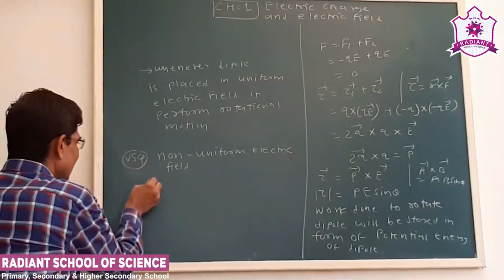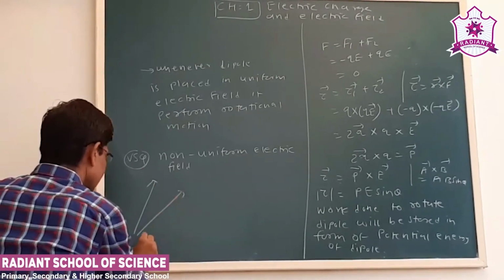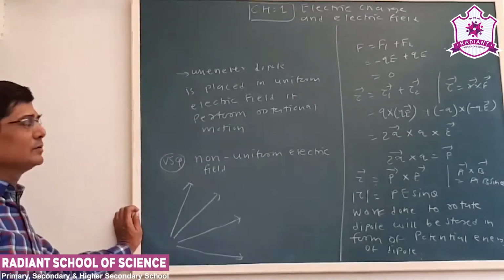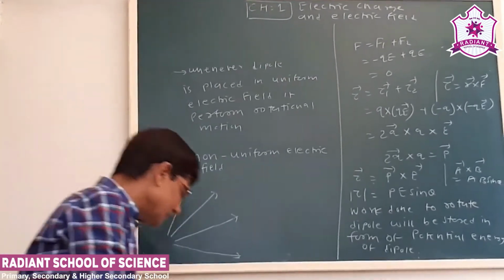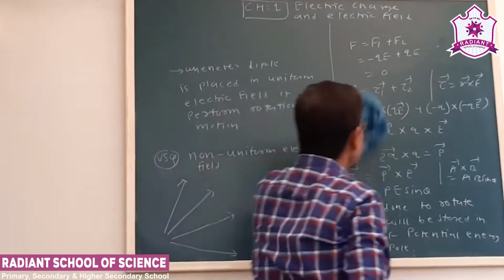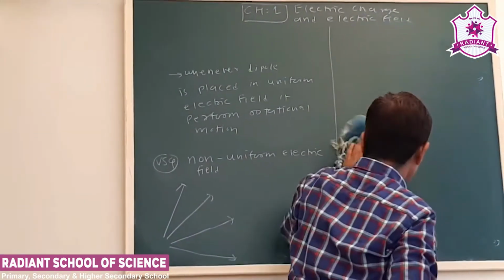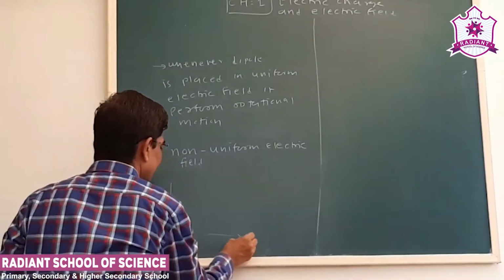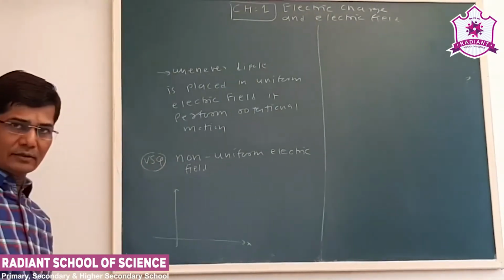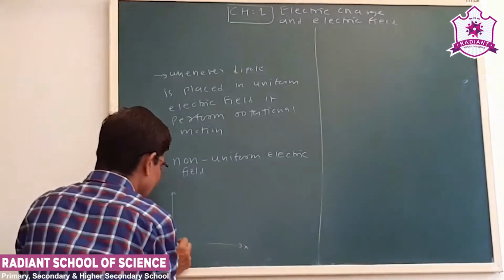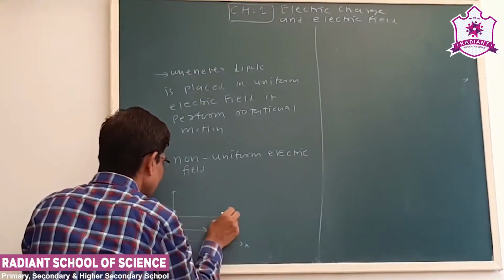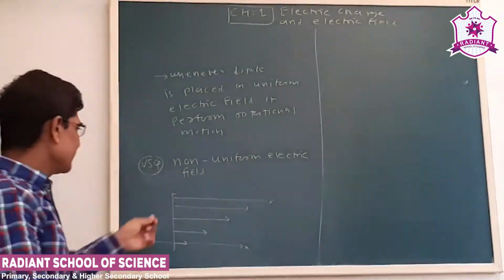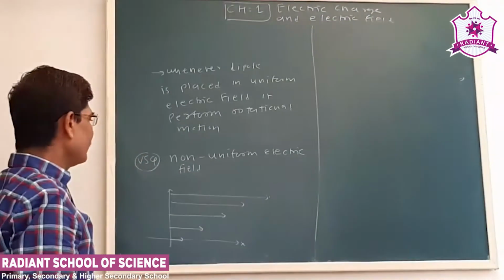But suppose the field lines are like this, then it can represent a non-uniform electric field. Another way to represent it: suppose the electric field is increasing in the positive x direction. Then the length of the arrow is increasing, which indicates a non-uniform electric field.